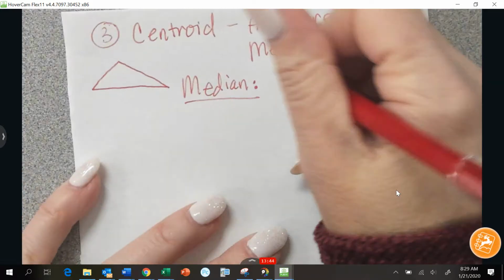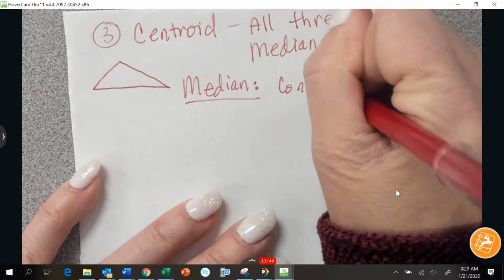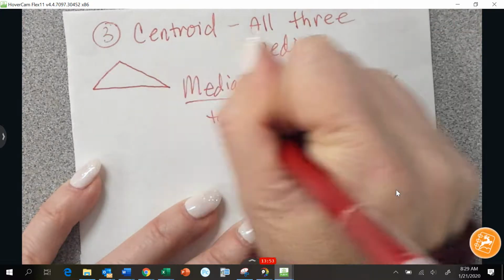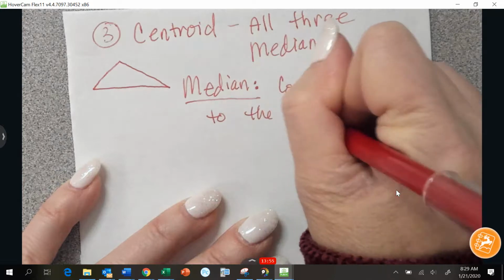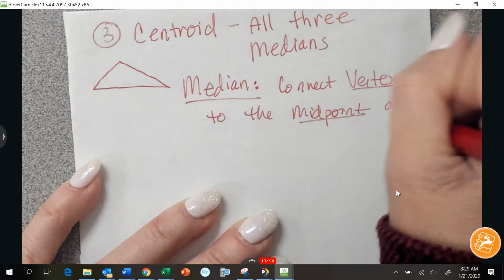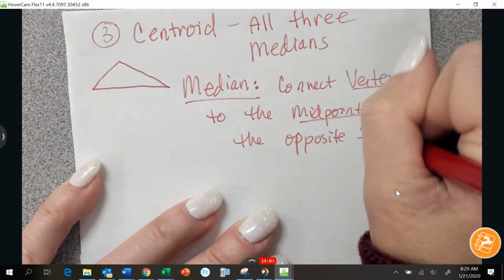So we are connecting the vertex to the midpoint of the opposite side.